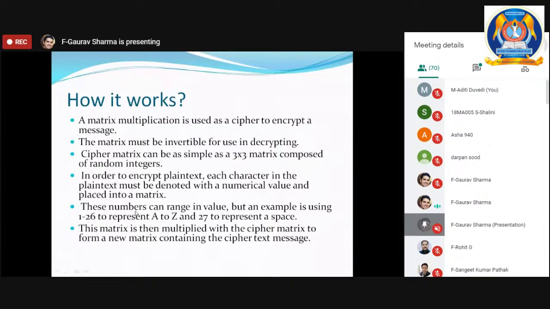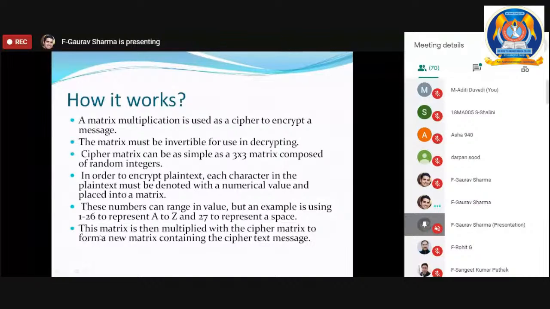These numbers can vary in value. For example, one example is using 1 to 26 to represent A to Z and 27 to represent space. If you want to put a space, then the number will be 27, and if you want to use any of these letters, then the numbers will be 1 to 26, right?